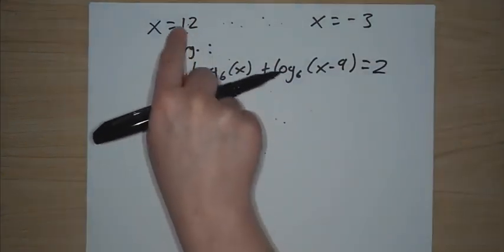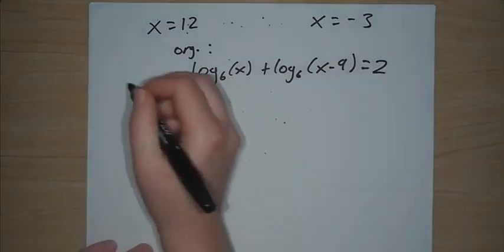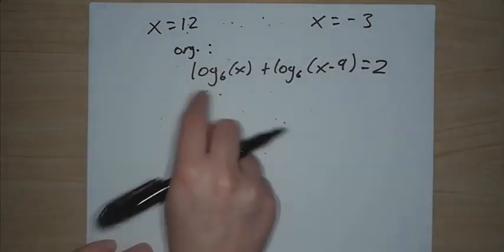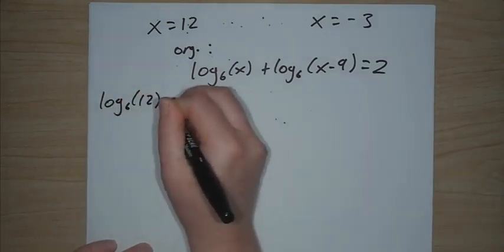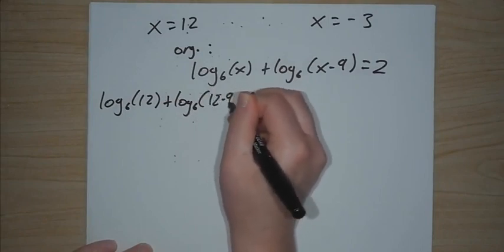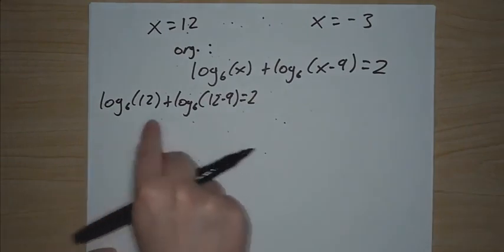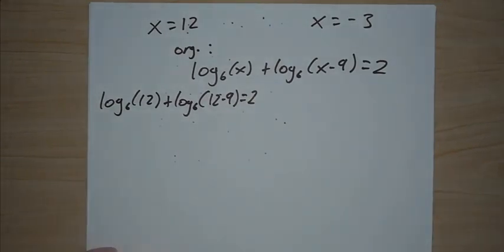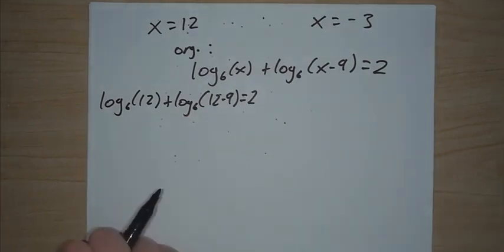So we're going to substitute each of these x's into this equation and see if they work. So for x equals 12, we have log base 6 of 12 plus log base 6 of 12 minus 9 is equal to 2. And you'll find that there's nothing wrong with this statement if you put it into a calculator. It doesn't go beyond the bounds of a logarithm.